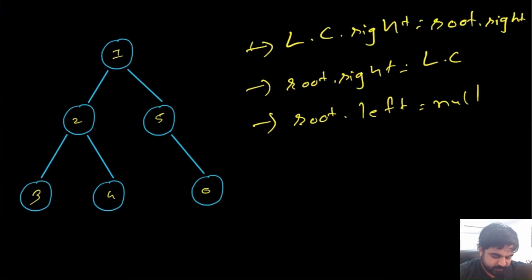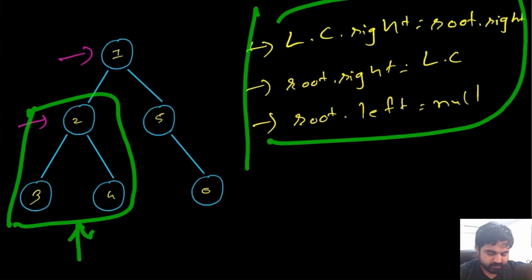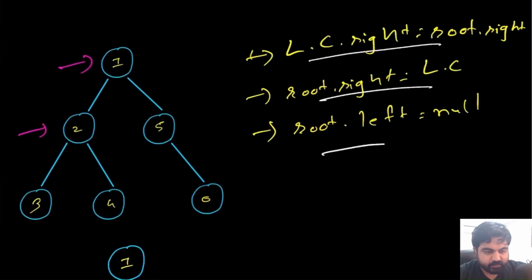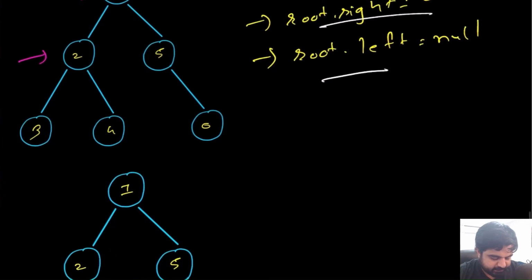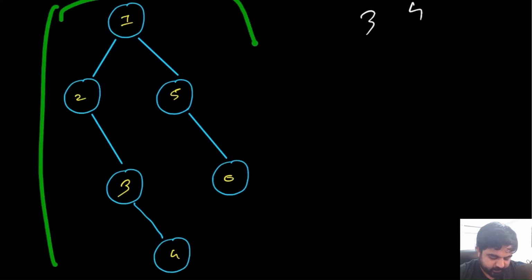If we start iterating from this root element, this is one of the candidates for the left subtree where we can apply these three rules. After applying them to this portion, 2, 3, and 4, the answer is going to look like this, 2, 3, and 4. If we mark it here, we get a tree structure that looks like this.